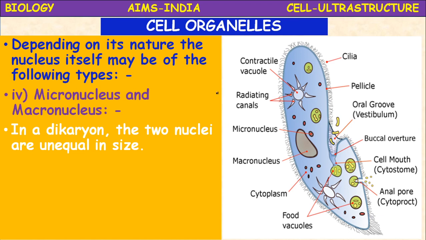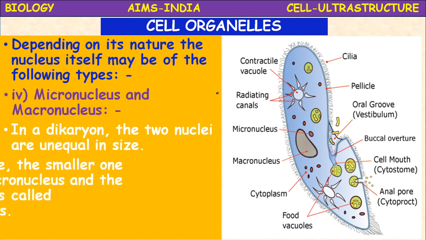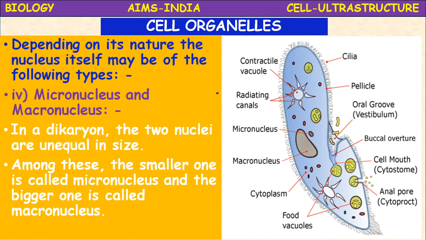A dikaryotic cell contains two types of nucleus. The two nuclei are unequal, of different size. Among these, the smaller one is the micronucleus and the bigger one is the meganucleus or macronucleus.